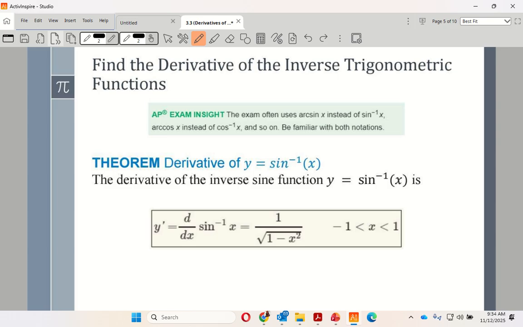So the derivative of inverse sine, or arc sine, of x is 1 over the square root of 1 minus x squared, whatever your x value is.